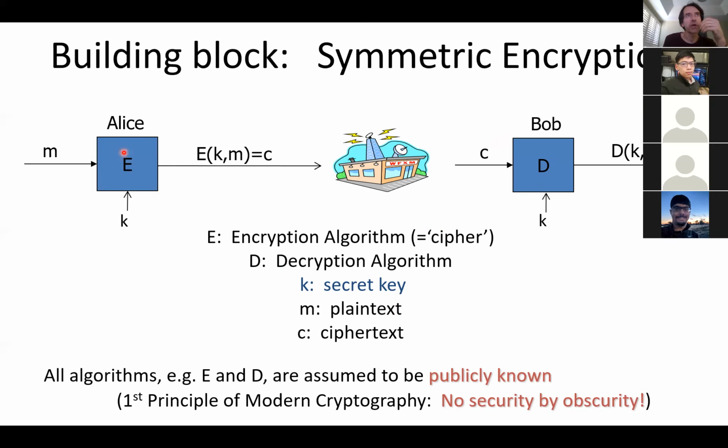Security has to hold even though the attacker knows the algorithm E and he knows the algorithm D. What they don't know, we assume, is the key. The whole security of encryption is predicated on you picking the key truly at random. The key must not have weak entropy, because then all the security guarantees go bust. And you somehow keep it close to your chest, and the attacker cannot just steal the key.